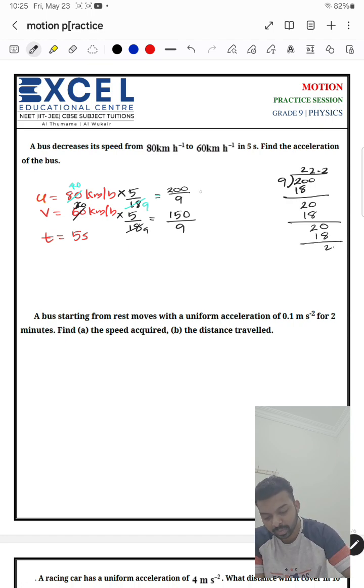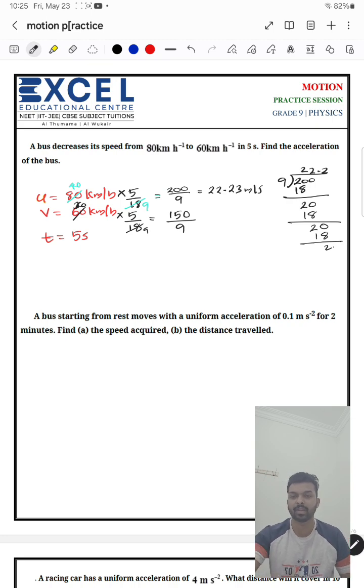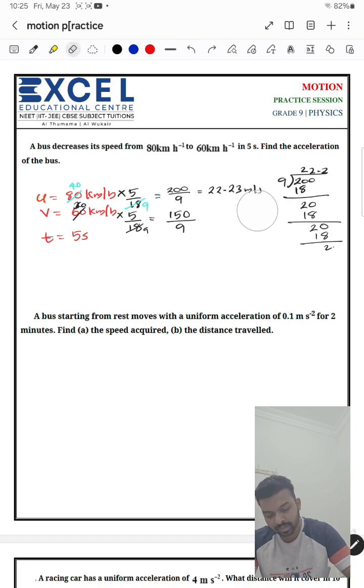So the answer is 22.2 recurring, which we can write as 22.23, because it goes on. Since the next digit is less than 5, I can write it as 22.22 meter per second. Ready?